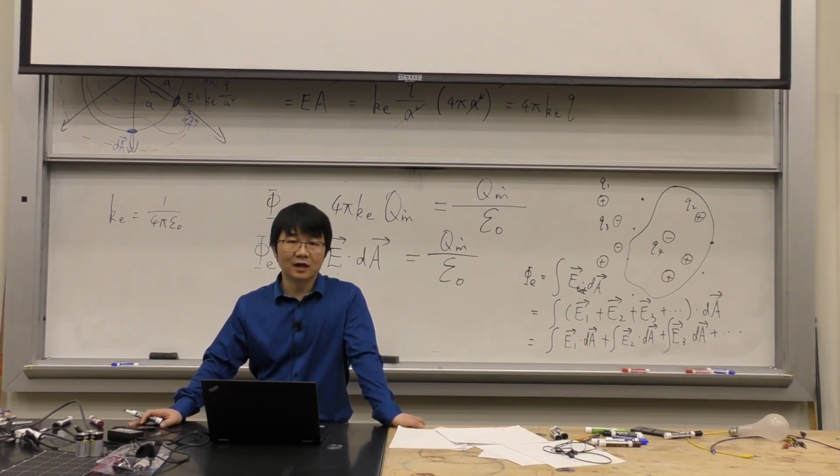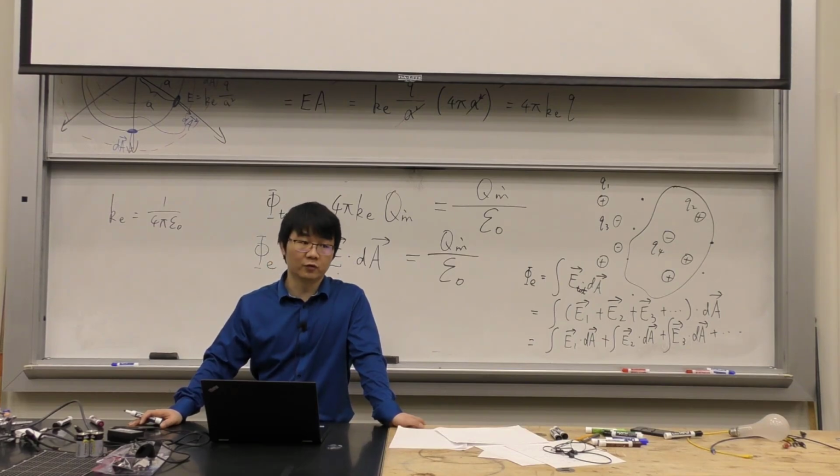Practically, it's not that useful. But we can still use it to find the electric field when there's a very good symmetry of a continuous charge distribution, because finding the electric field from a continuous charge distribution is always hard. We have done that before. You have to evaluate the integral, there's no way you can avoid that.